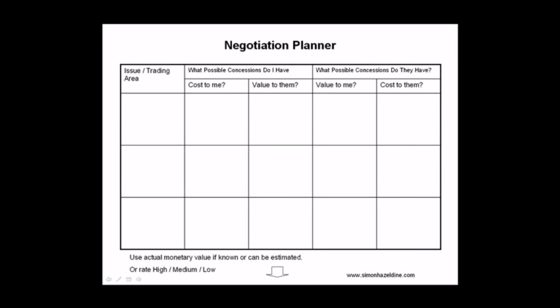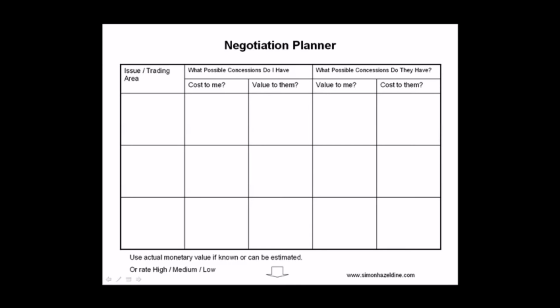And also flipping that around is thinking of things that are high value to you but are low or relatively low cost to them. If you can, obviously it's really good practice to use the actual monetary value to do a good, robust financial calculation, so you know exactly how much each concession is costing you, so you can make sure that you get something of equal or greater value in return.